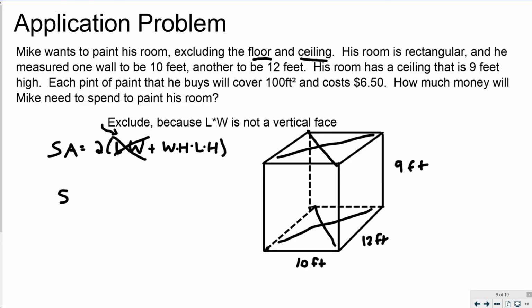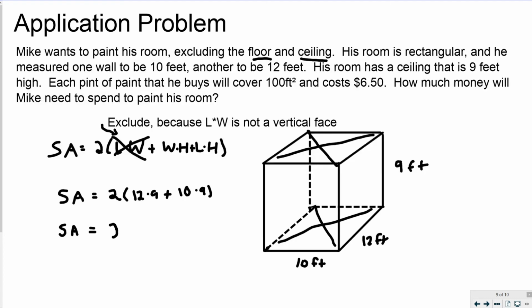So the surface area that we have to cover here is actually going to be 2 times WH plus LH. We plug in WH, so the width is 12 times 9, plus the length times the height, 10 times 9. That's the surface area we're going to use for this problem because it specifies that we're not painting the floor or ceiling.